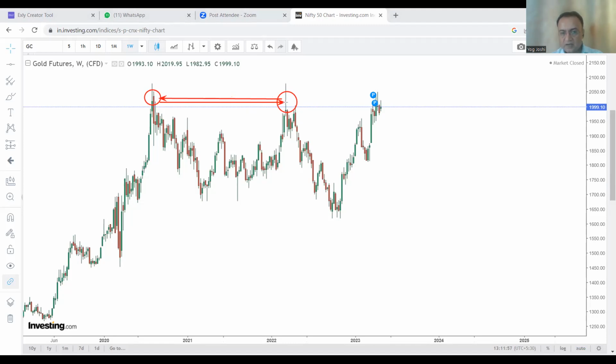Now once again the chart came to this level, so it is also considered a resistance area. Whenever price came to this level in the past, price faced resistance. So once again we can say gold is exactly at resistance level.